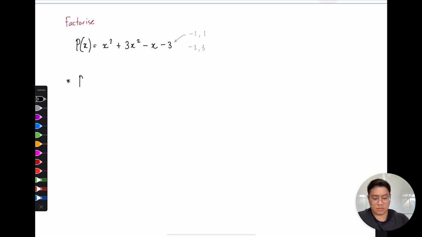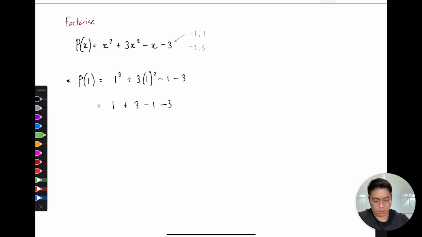Here it would be wiser to substitute in a positive 1. So let's see what happens. We've got 1 cubed plus 3 times 1 squared minus the 1 that we're substituting in, minus that 3. Let's simplify this. That's 1 plus 3 minus 1 minus 3. You can see the positive numbers balance out with the negative numbers, so it does equal 0.